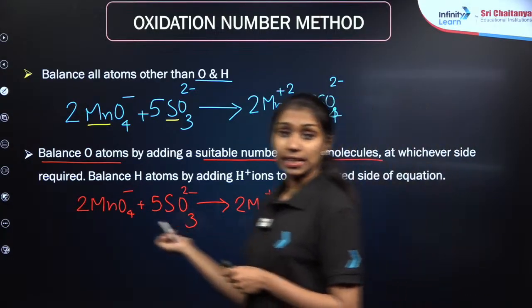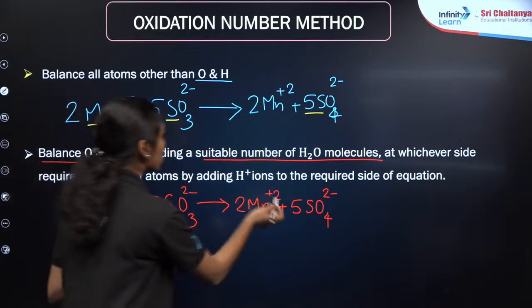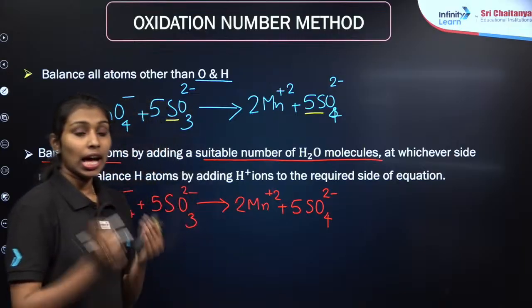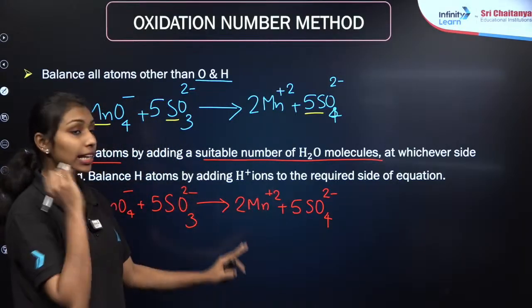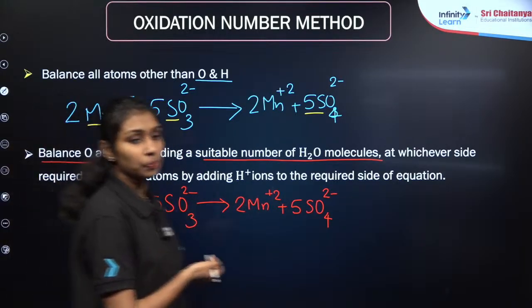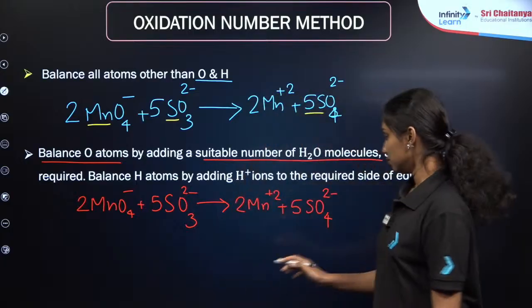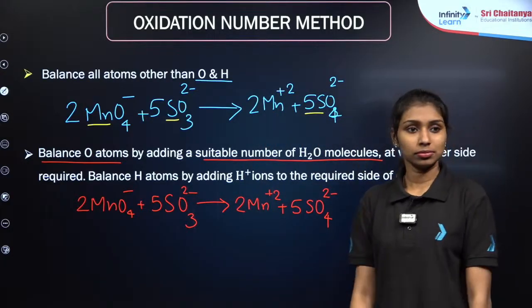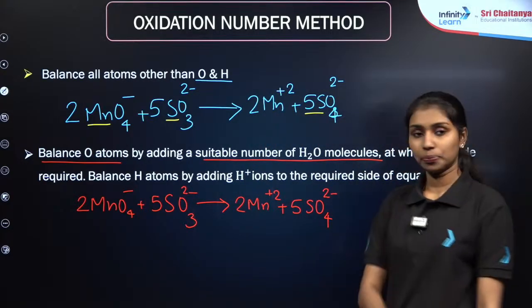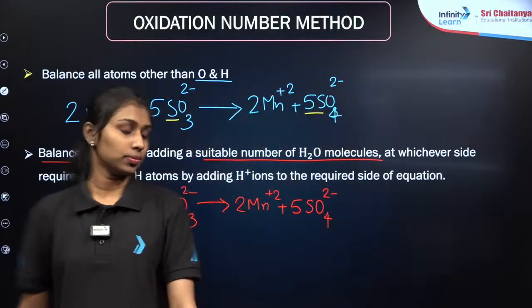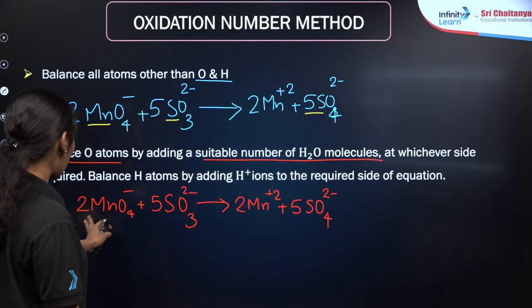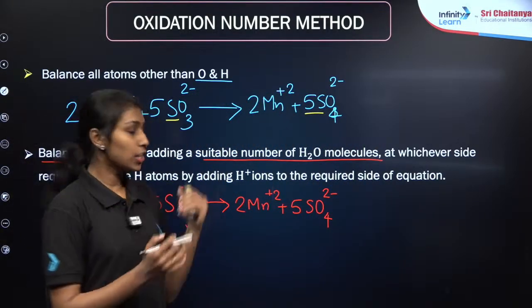Then what about the right hand side? It's only 5 into 4, 20 oxygen. How many oxygen atoms are deficient here in the product side? Only 3 oxygen, right? 3 oxygen is deficient here.